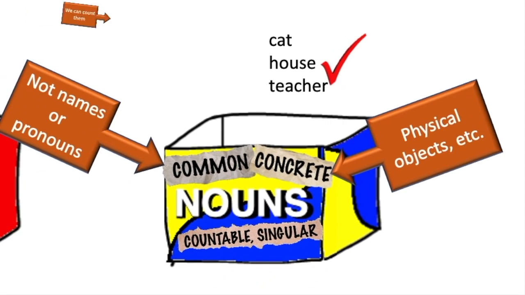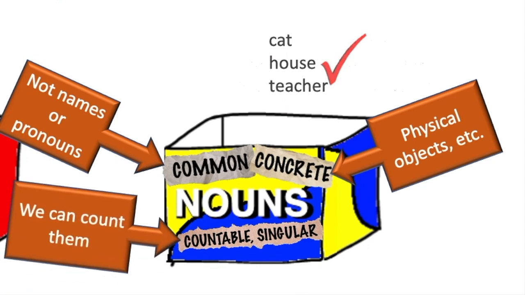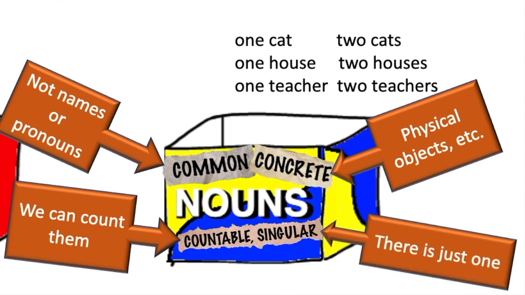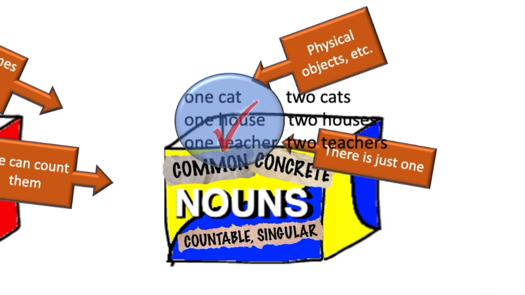I'll choose things we can count, like we can have 2 cats or 2 houses or 2 teachers, but I'll use them in the singular form. We can count them, but in each case there's just one of them. Okay, so let's put the nouns in.